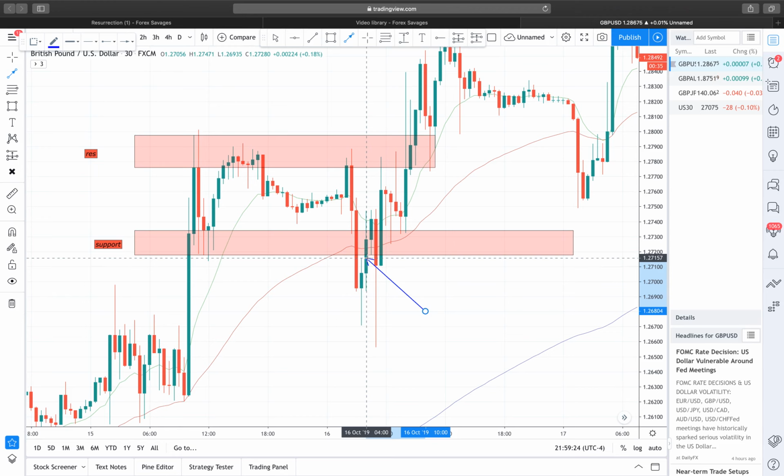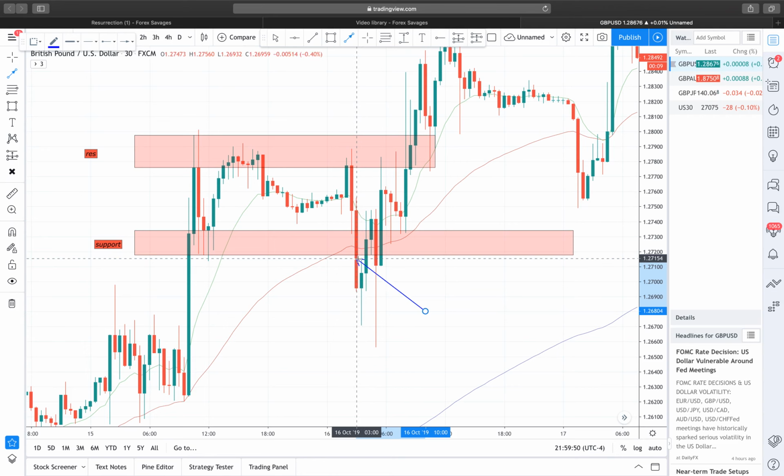Selling here in this moment, you could have been stopped out because this could have gone all the way back up. But then again, guys, I like to trade support and resistance as a form of confluence with my other trading techniques, because there's a lot of things you've got to watch out for. It's very brutal.